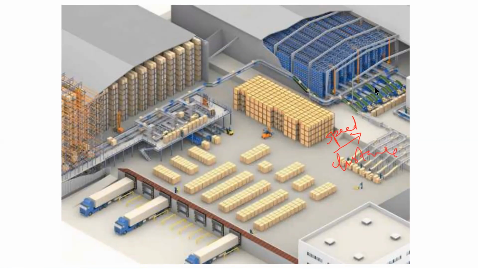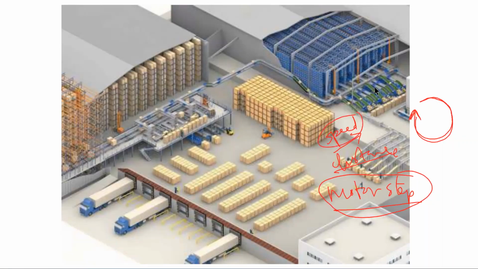It completely depends upon the motor step. I think you have come across the stepper motor and all, so we will not go into that. For one rotation of the motor, we can define the speed and the distance.